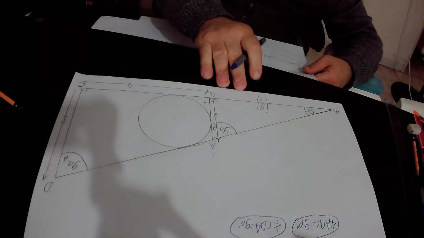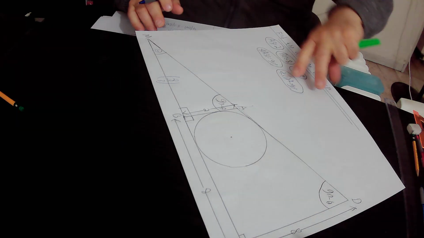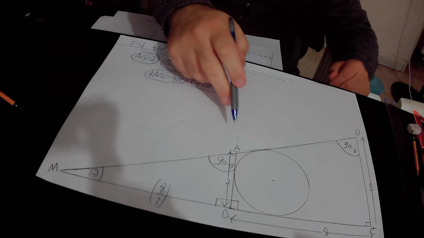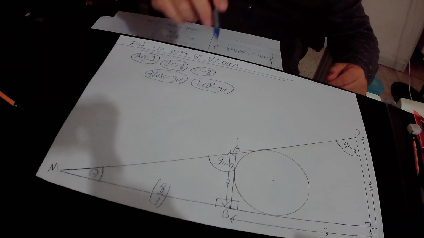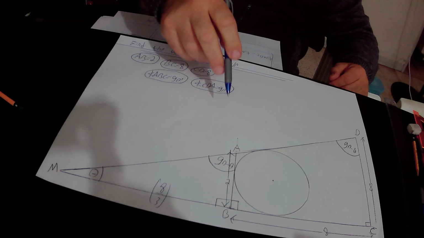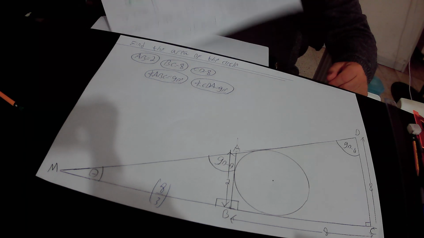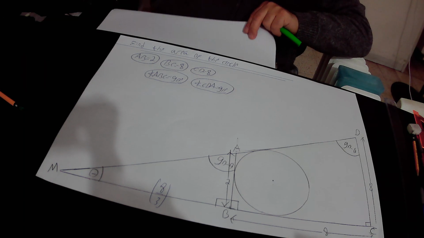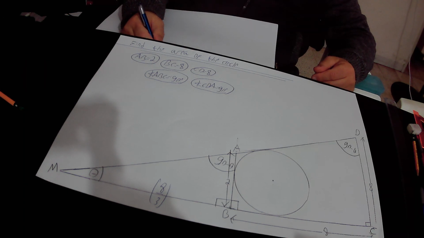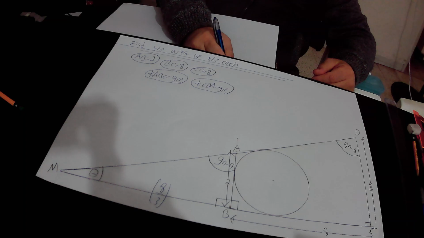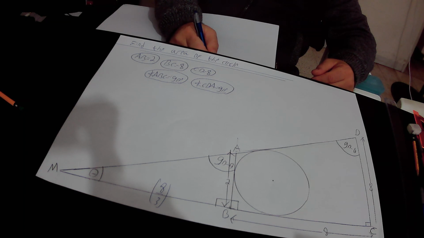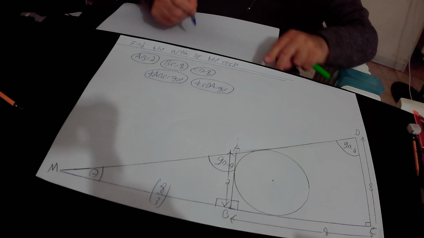In the next step, we will focus on this small right triangle MBA, and we will implement the Pythagoras theorem on it. Here PT is the abbreviation for Pythagoras theorem.